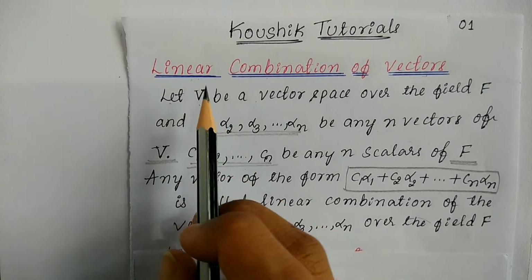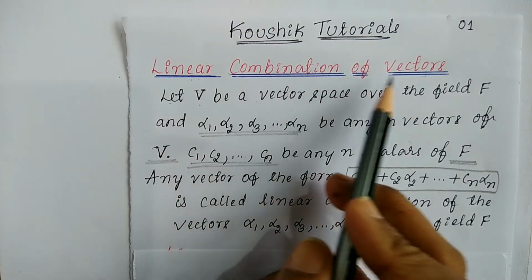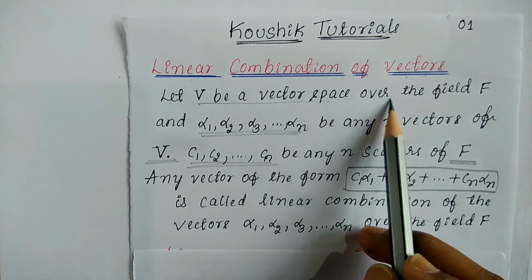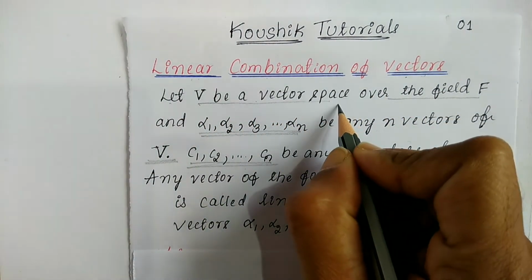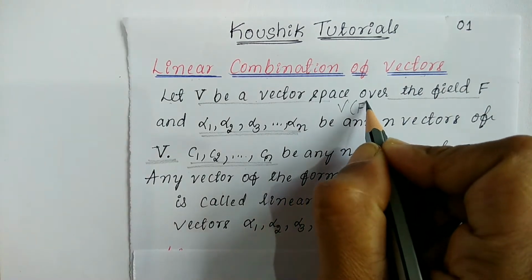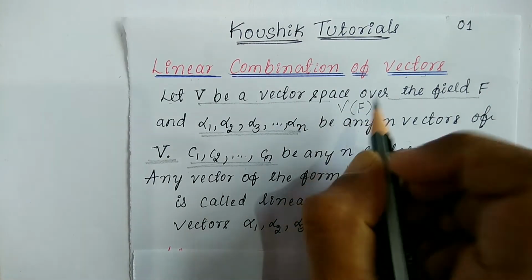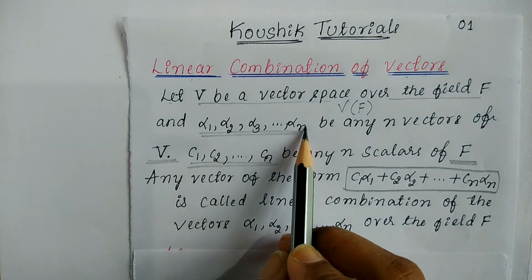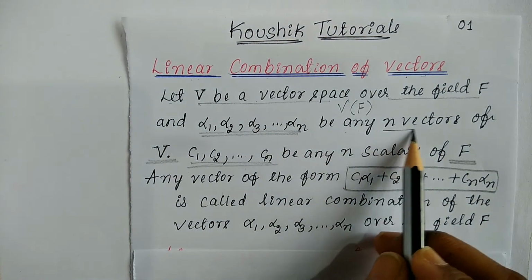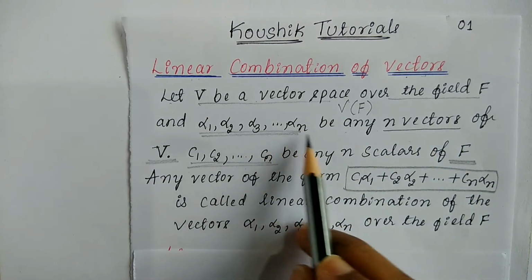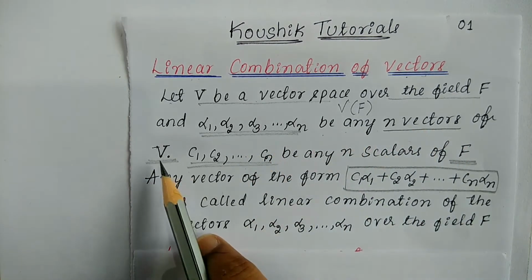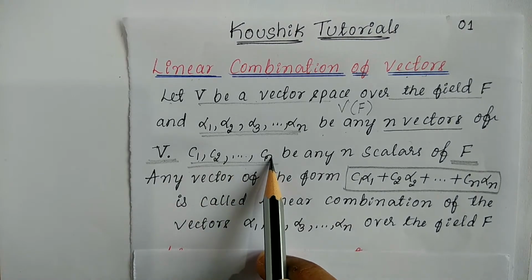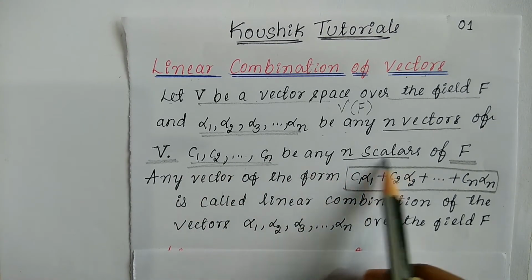Here is the definition. Linear combination of vectors. Let V be a vector space over the field F, that is V of F. Alpha 1, alpha 2, alpha 3, and so on up to alpha n be any n vectors of V. C1, C2, and so on up to Cn be any n scalars.